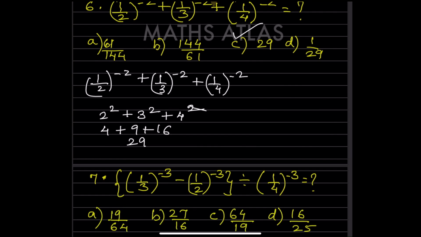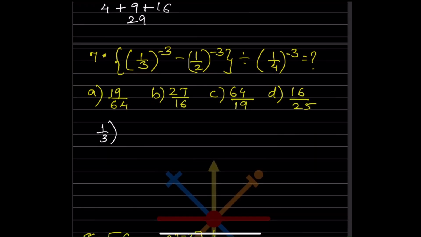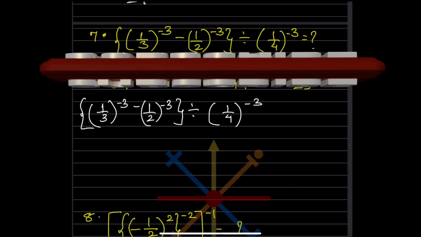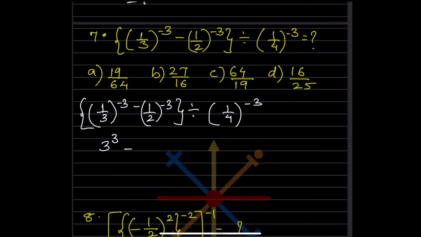Now let us look at this one. 1 by 3. Let me write the question first again here. So we can do one thing. We can write this as, because that is a negative exponent, 3 raised to 3, and this is going to be 2 raised to 3, and divided by here 4 raised to 3.